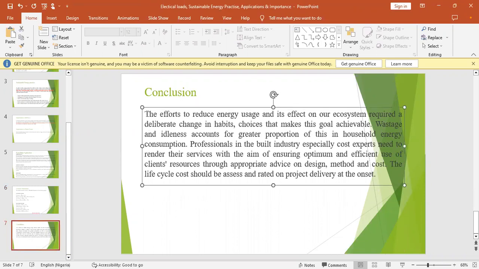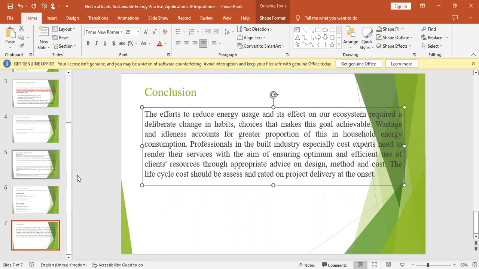So I would like to conclude by saying the effort to reduce energy usage and its effect on our ecosystem requires a deliberate change in habit. For example, if you have your laptop plugged into power, and after 2.5 hours the laptop is already full, if you don't unplug it, in one way or the other, you will be wasting your energy, your unit.